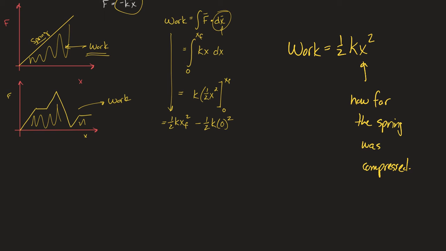This assumes the spring was in its relaxed state before it was compressed. Okay, does that answer your question? Okay. So we assume that we started with no energy in the spring, and this is how much energy is in the spring.